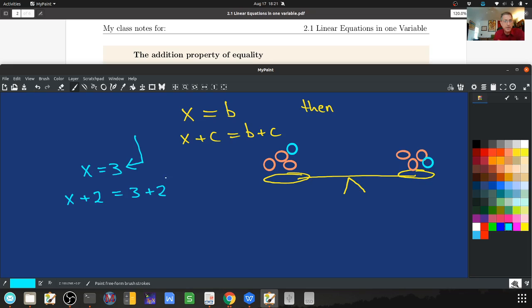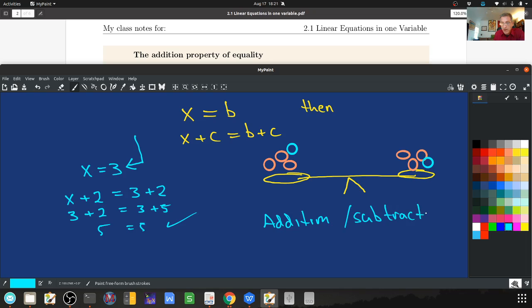X is equal to 3. So let's plug in 3 down here. Look, I get 5 is equal to 5. So good job. That's the addition property of equality. And remember, when we use in mathematics the word addition, we also include the addition of negative numbers, which is known as subtraction.